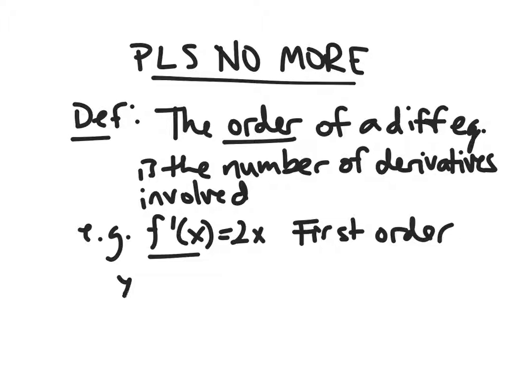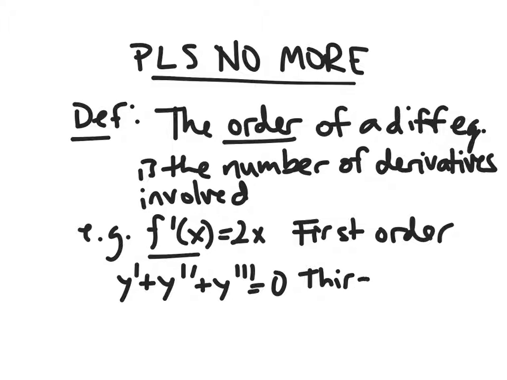Whereas in that other example, y prime plus y double prime plus y triple prime is 0, this would be third order because of the triple prime showing up. You're basically looking at the highest derivative you're taking. Most of the things we care about, not necessarily all, will be first order.